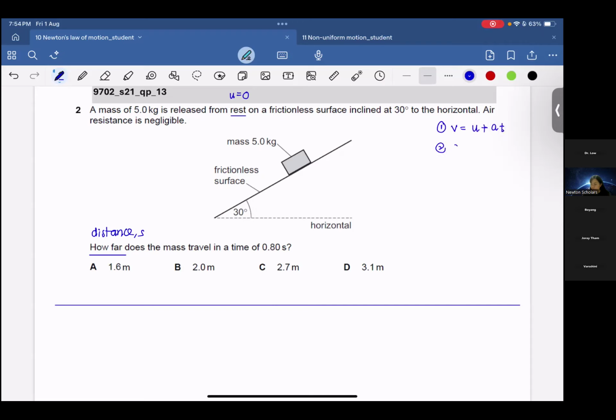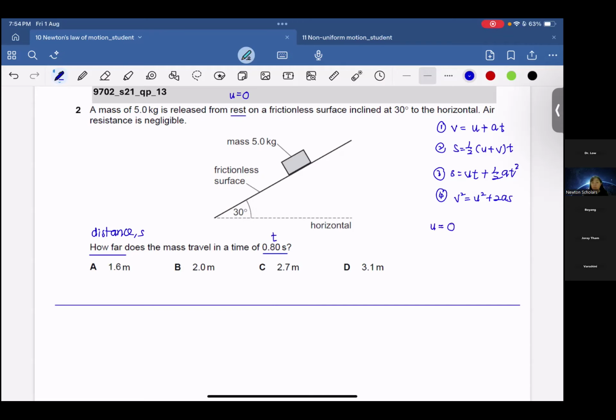Number 3, S equals ut plus 1 over 2 at squared. The last one is V squared equals U squared plus 2as. You have to know these. They want you to combine F equals ma and what we learned in the last chapter. How far? So we need to find S. Here they are giving us the time. Maybe I can write down what information we have.